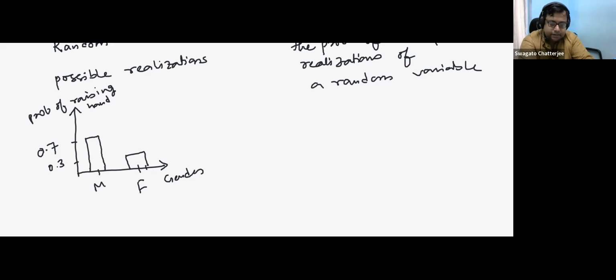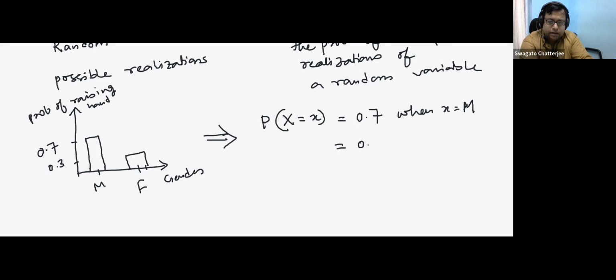Instead of writing like this, I say that the probability of capital X is equal to small x. This value is 0.7 when small x is male, and is equal to 0.3 otherwise, or I can say 0.3 when small x is equal to f.